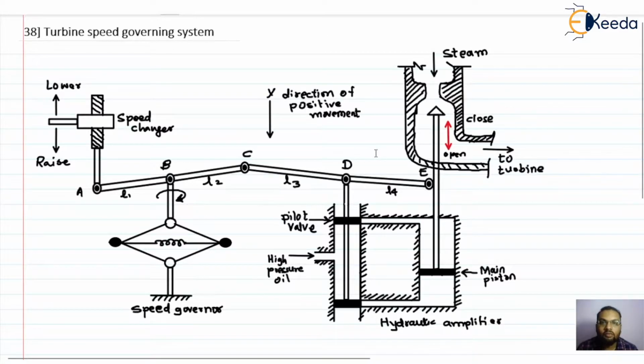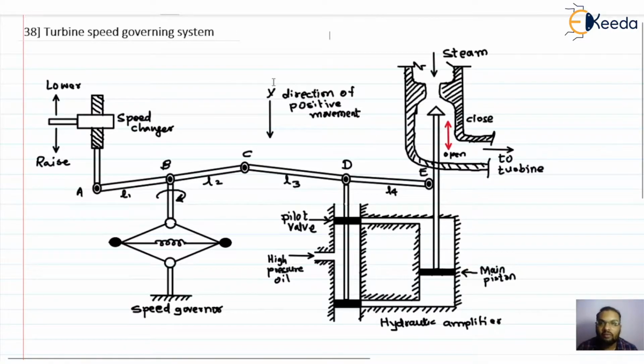One is we need to understand the response of the speed governing system. Second one is the turbine, how it will respond to that, and then the load model or the power system, how it will respond to that.